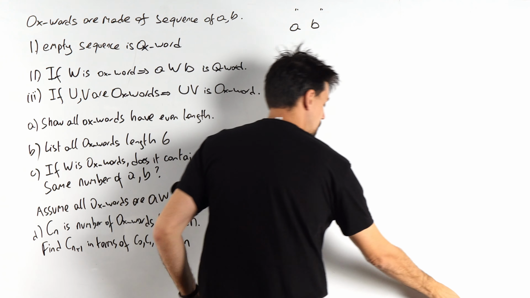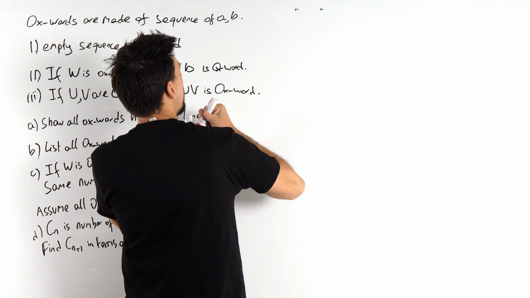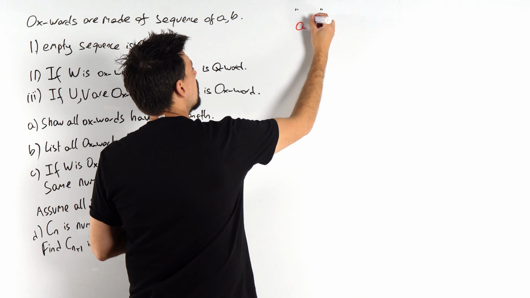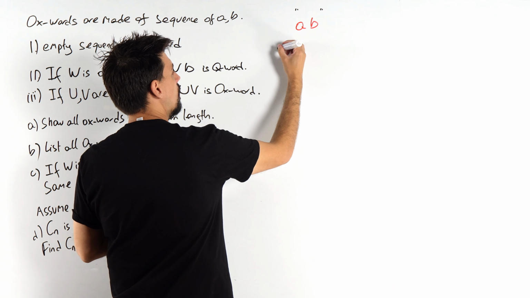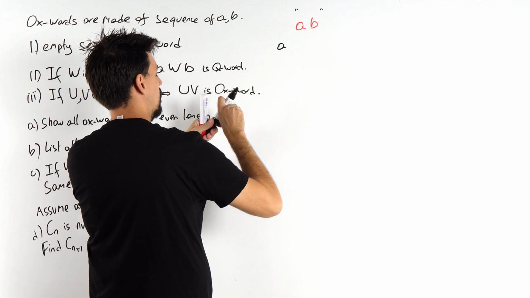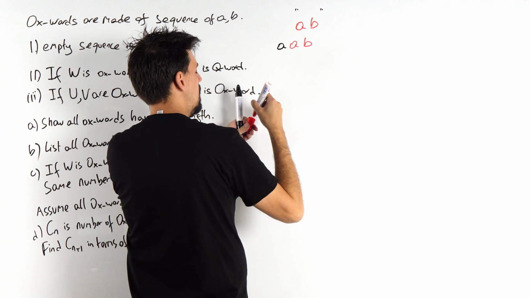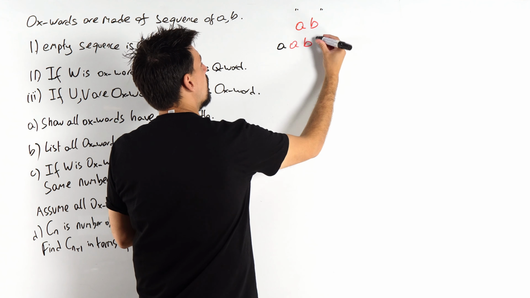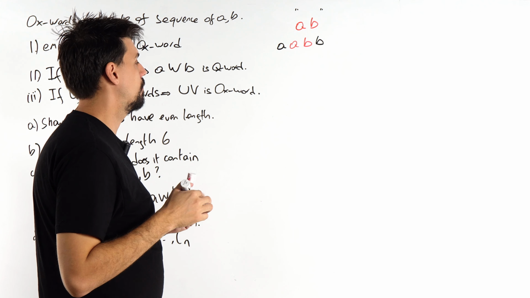Let's do this in red. So my oxword is there, and I can go A, B, and then B. That is a new oxword, ABB.